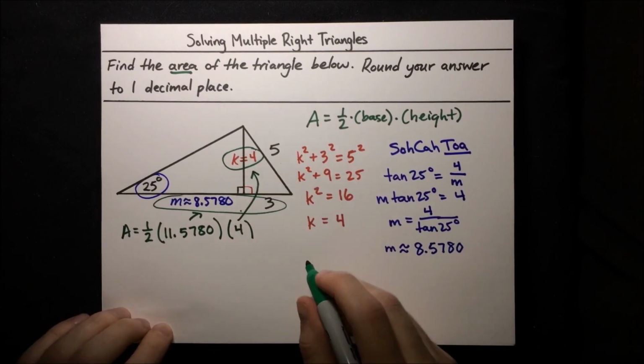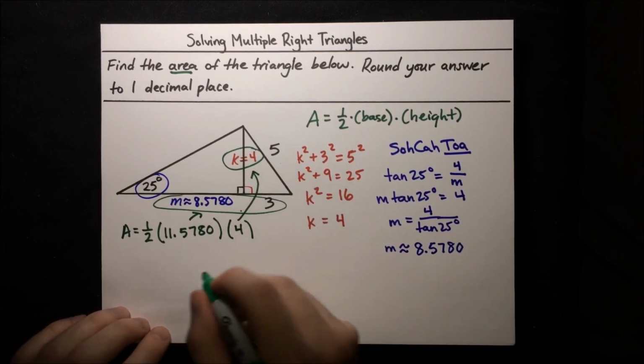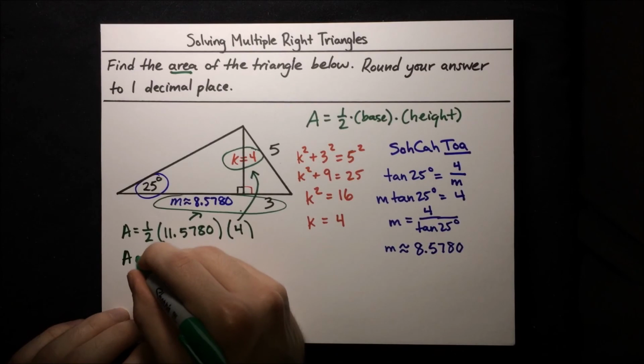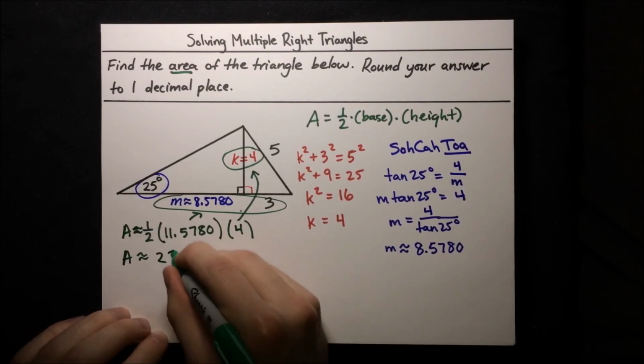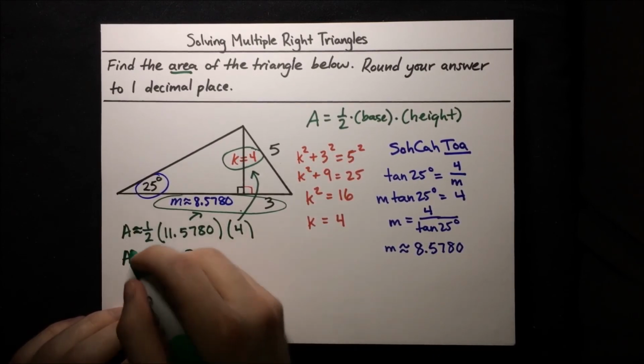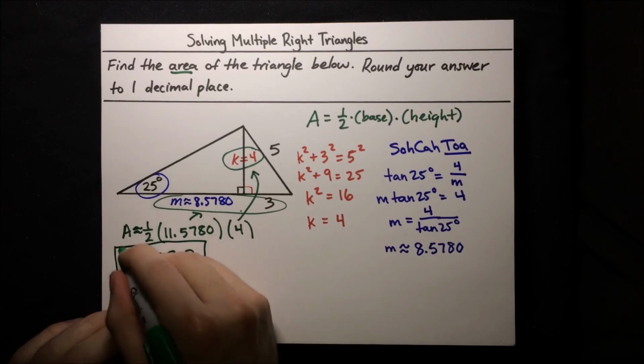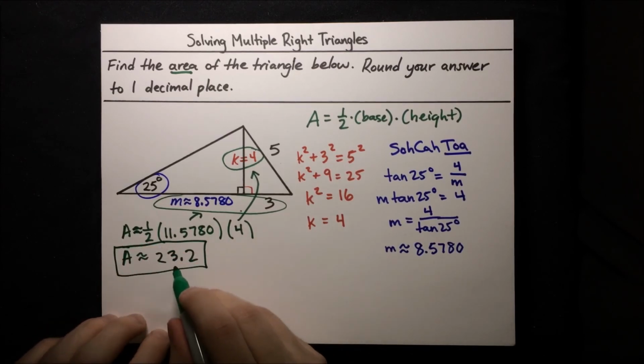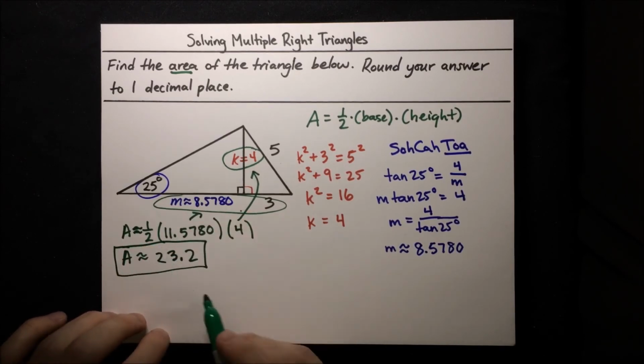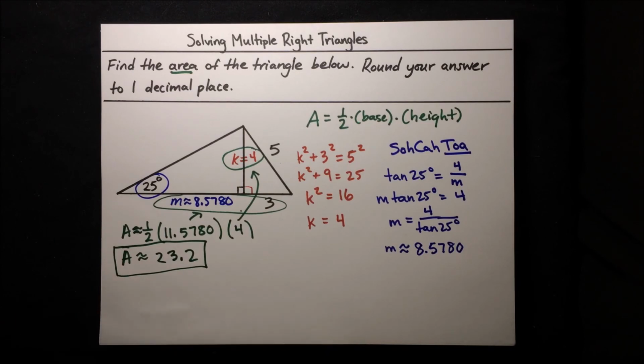Okay, so now we're in a good position to just go ahead and compute this, and we get a result. Area is approximately 23.2 when we round it to 1 decimal place. So there's our result. So now we know how to solve for missing parts of triangles when there are two triangles which share a common side. And in the future, we'll see how to apply what we've learned to word problems as well.